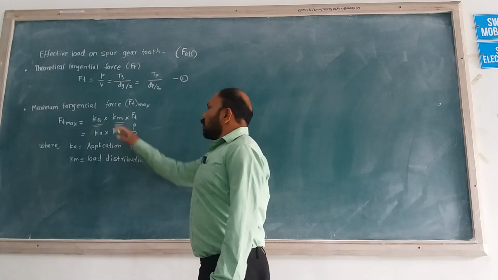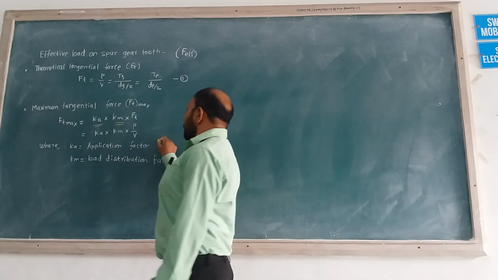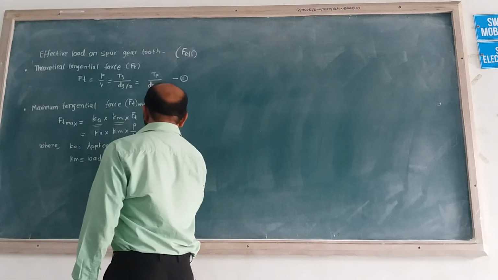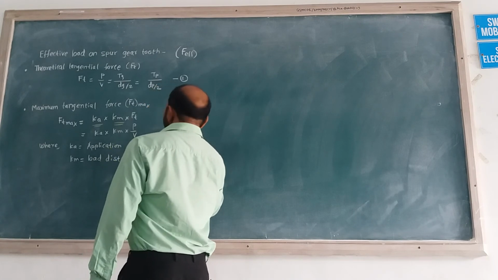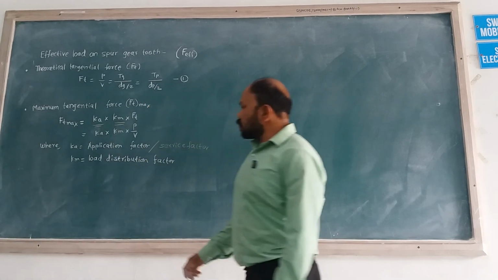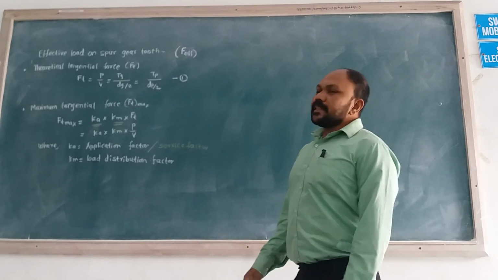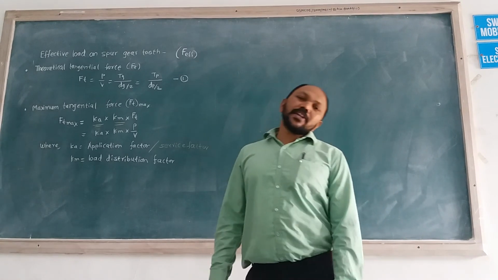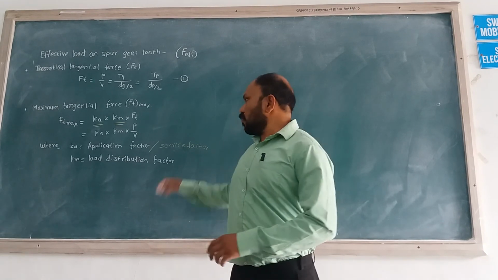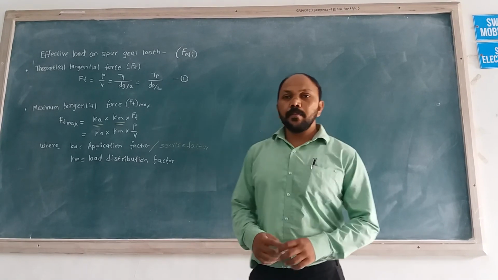Ka is called the application factor, or also the service factor. Next is the load distribution factor, Km. I want to explain these two points: what is meant by application factor or service factor, and what is meant by load distribution factor.